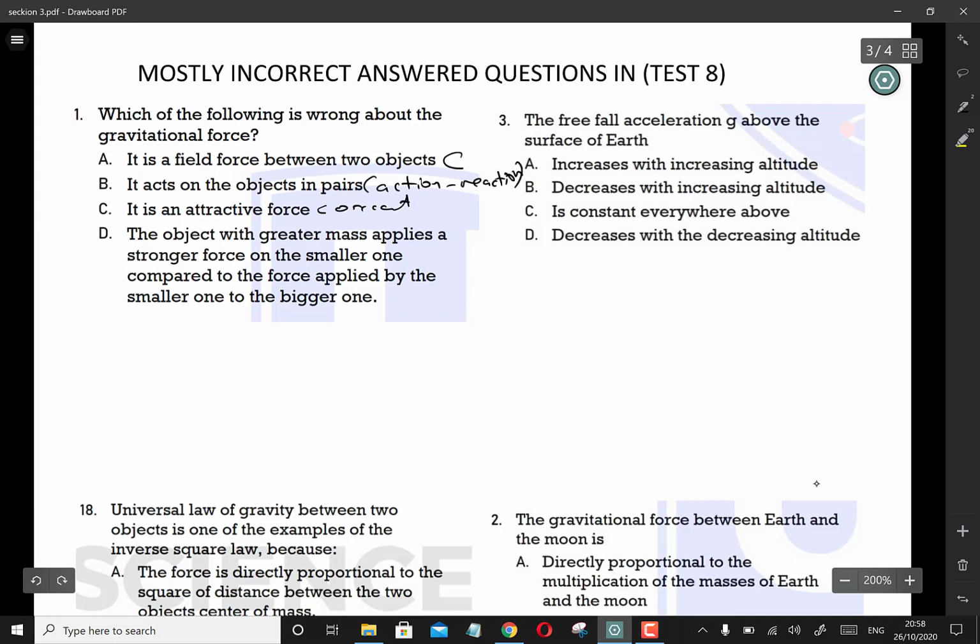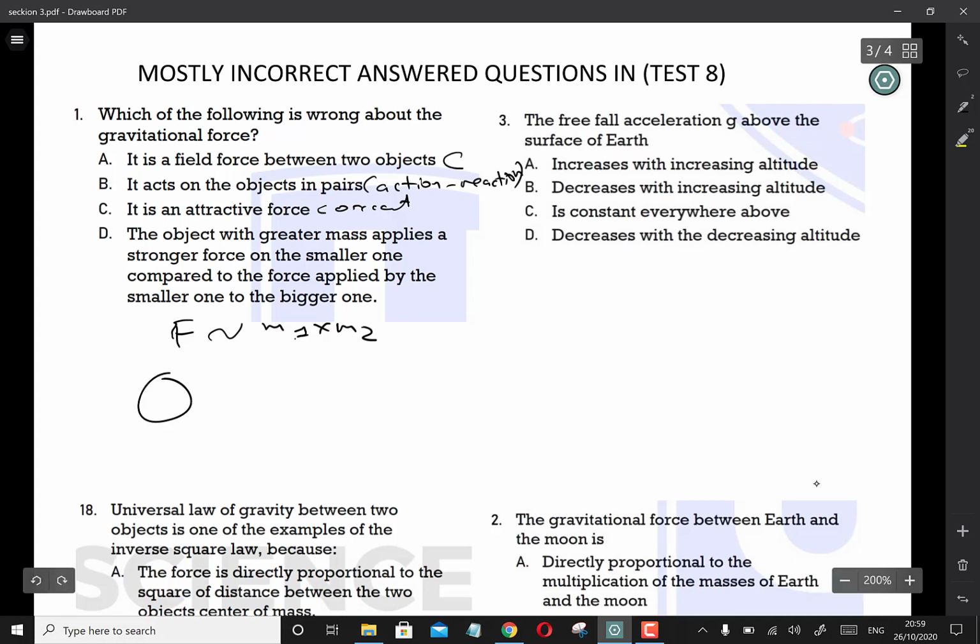The object with a greater mass applies a stronger force on the smaller one compared to the force applied by the smaller one to the big one. This is incorrect because these are action-reaction forces, and force is proportional to the multiplication of masses, not only one mass. So the magnitude of force depends on mass 1 and mass 2.